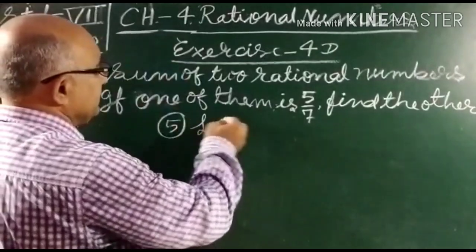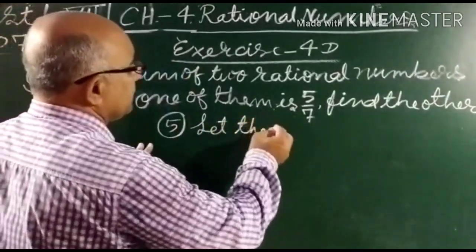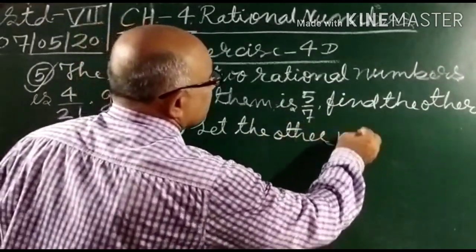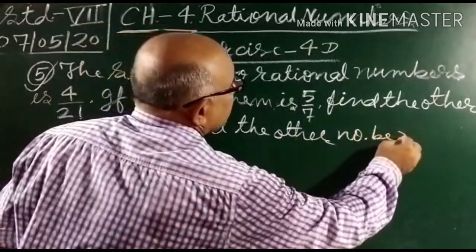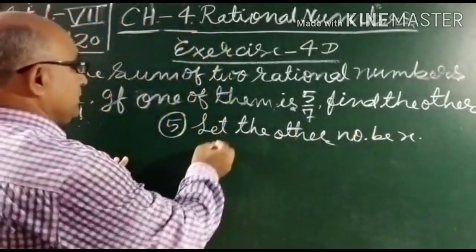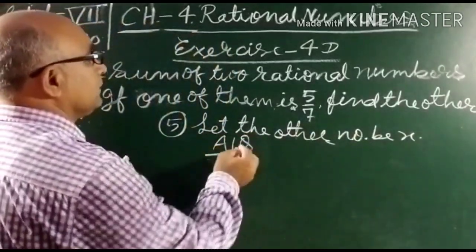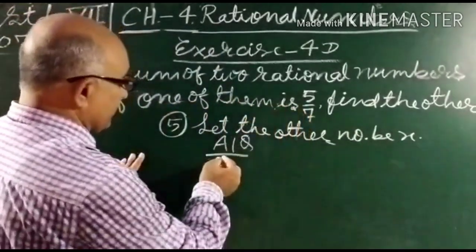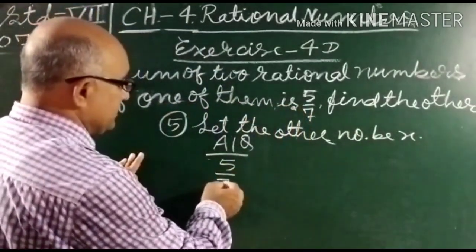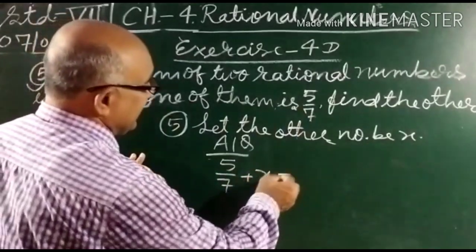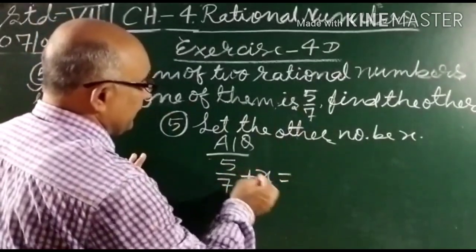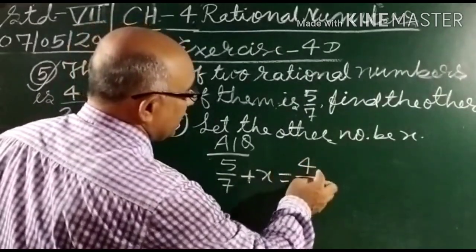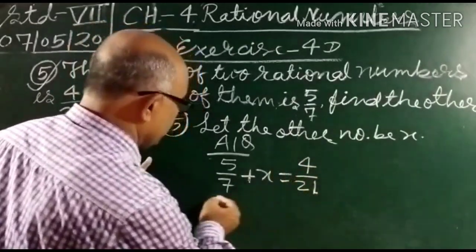Let the other number be x. According to the question, one of them is 5 by 7. So 5 by 7 plus x equal to 4 by 21.